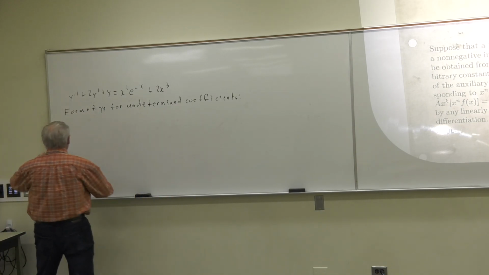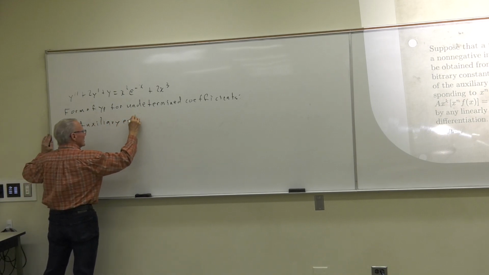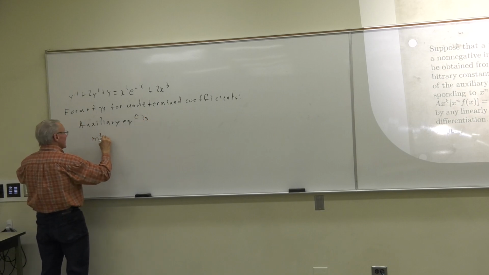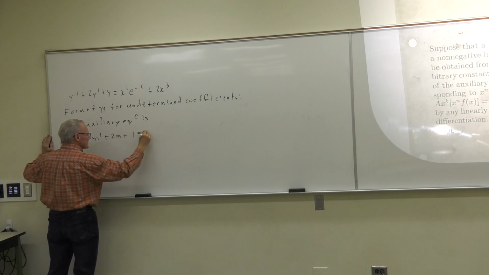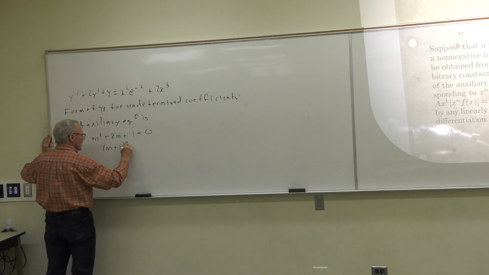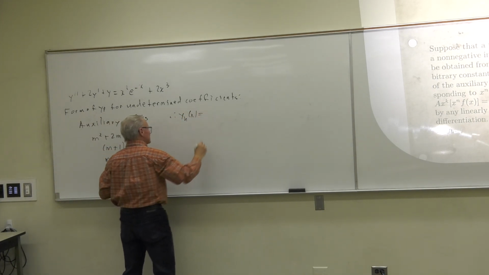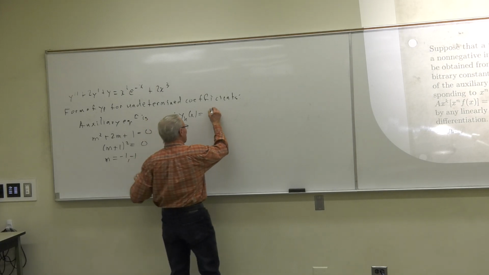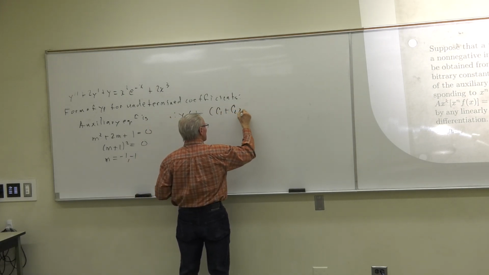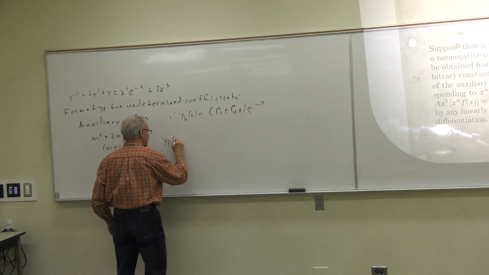So look at the auxiliary equation: m squared plus 2m plus 1 equals 0. (m plus 1) squared, m equals negative 1 and negative 1. Therefore, y sub h of x, a general solution of the associated homogeneous equation, is (c1 plus c2 x) e to the negative x.